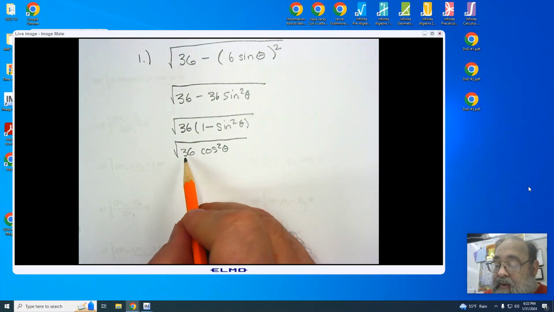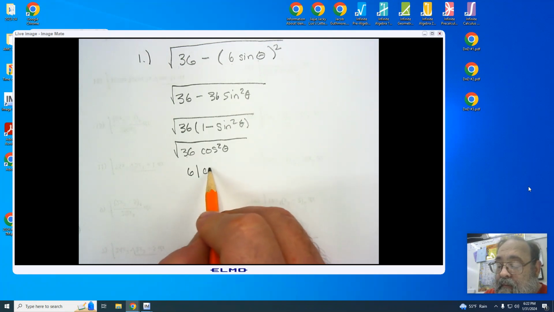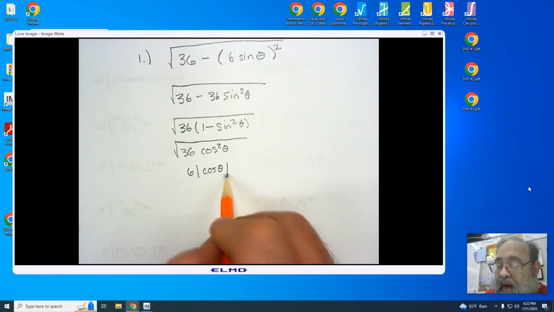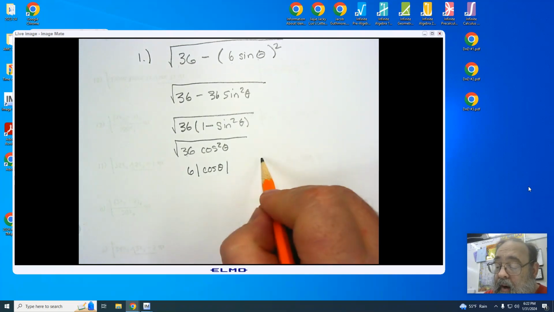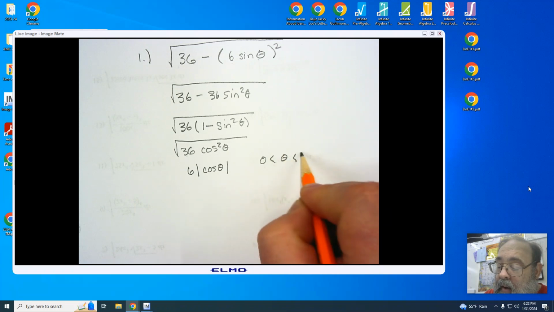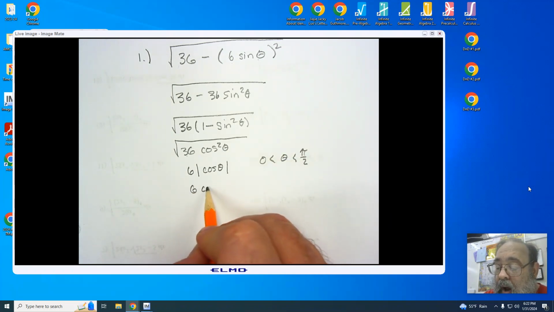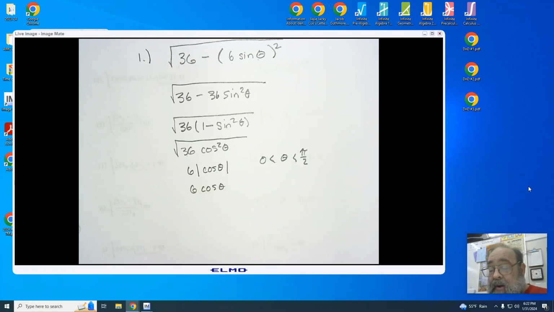I can now take the square root of both pieces, leaving me with 6 times the absolute value of the cosine of theta. But because we are working with 0 to pi over 2 for our theta, a negative is not possible, and the absolute values can be dropped. Be aware, if I had used 0 to pi, the absolute values would need to remain, since cosine could now be positive or negative, and we only want positive results.